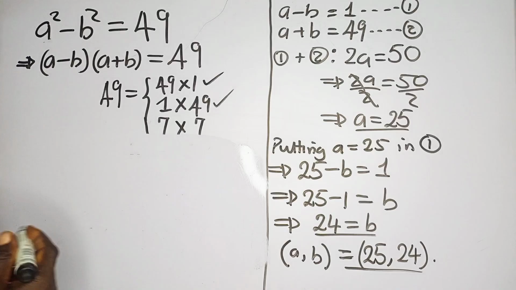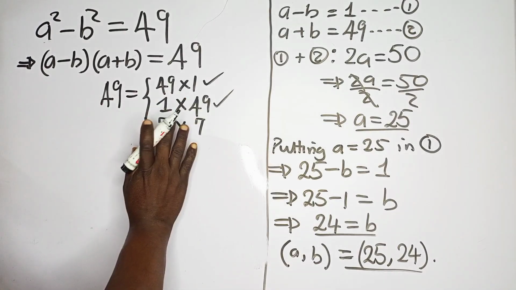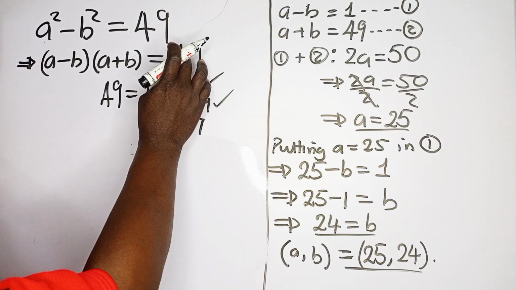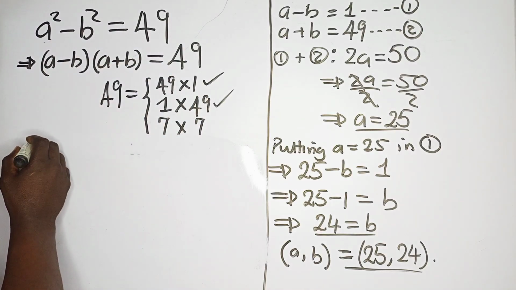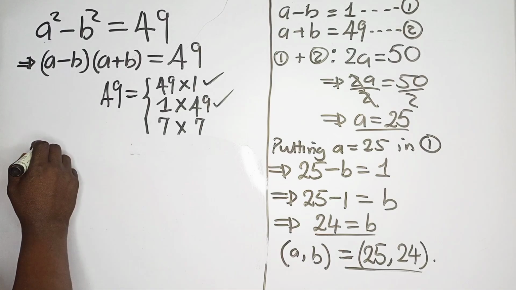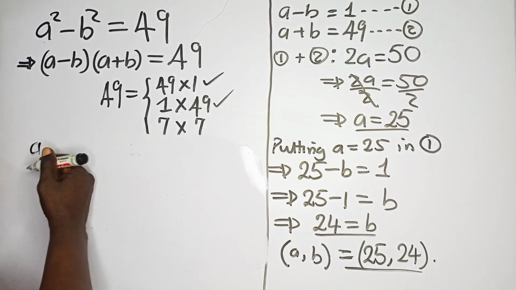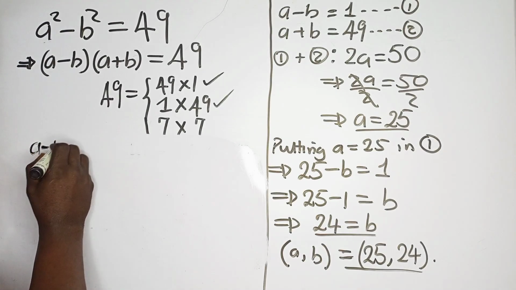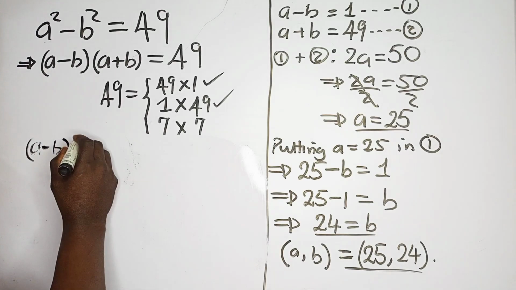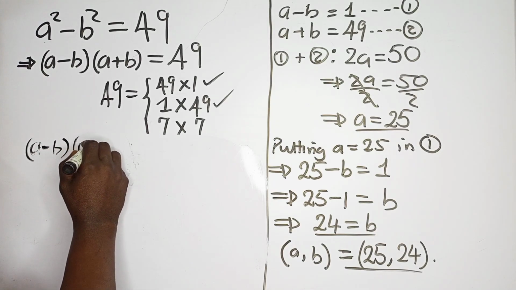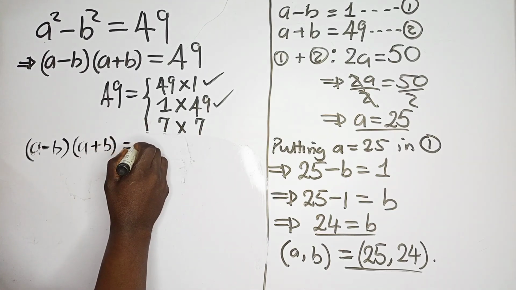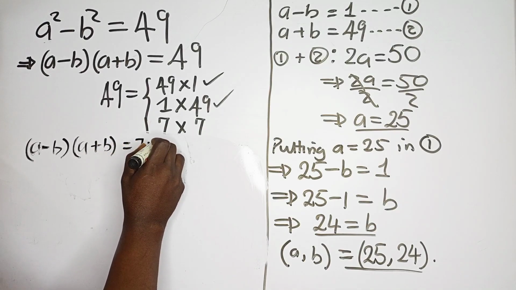Okay, so now we want to consider this system, 7 multiplied by 7 to replace 49. So we're saying A minus B into A plus B is actually equal to 7 times 7.